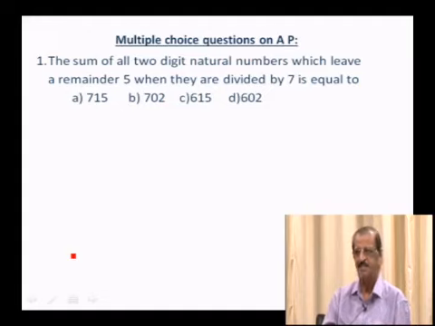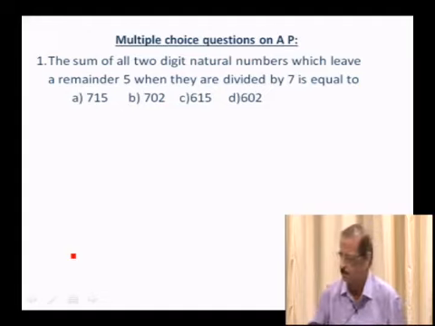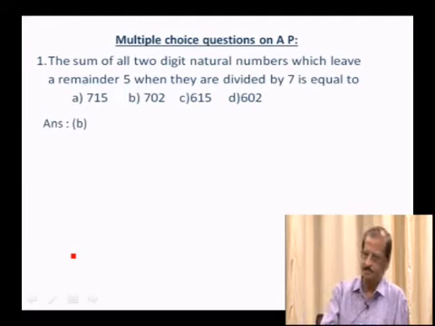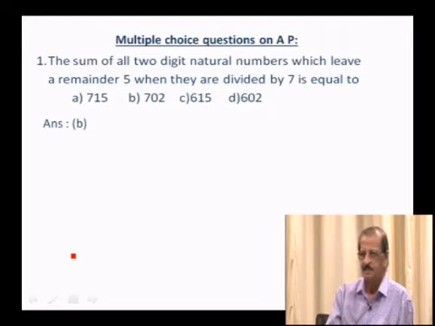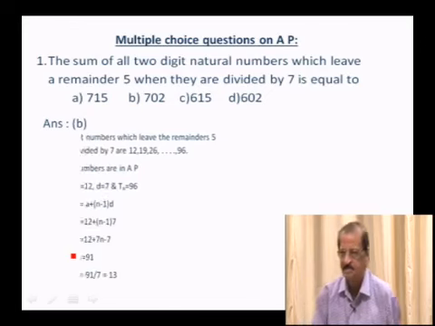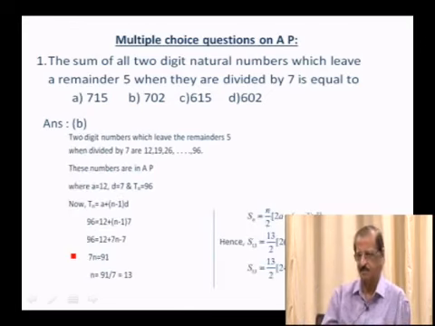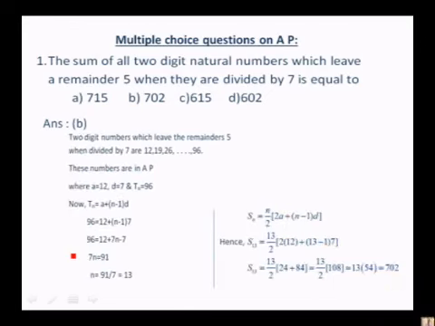The next number is 19. The last number is 96, because you cannot take 99 as the last number. You have to take 96 because it leaves the remainder 5 when divided by 7.